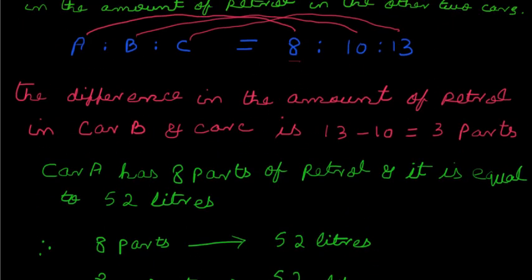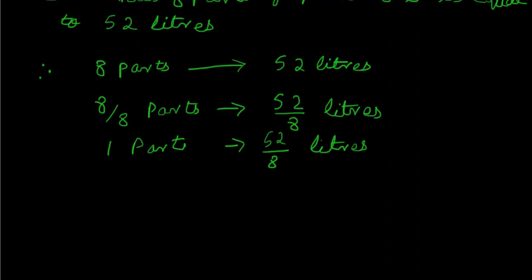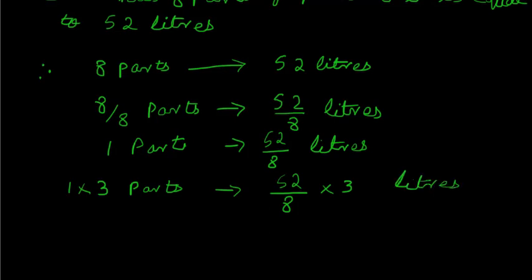As the difference is 3 parts, to make 1 part equal to 3 parts, I am going to multiply both sides by 3. So 1 part times 3 gives 3 parts, and here 52 over 8 times 3. Simplifying 52 over 8 gives 26 over 4, which is 13 over 2. So 13 over 2 times 3 gives 39 over 2, which is 19.5 liters.